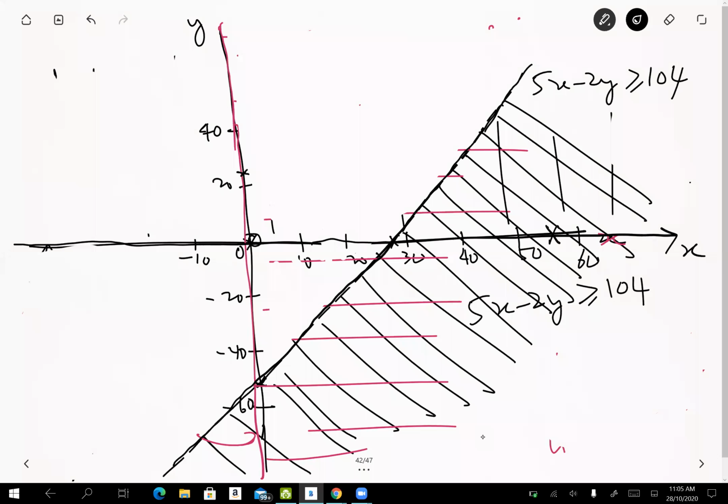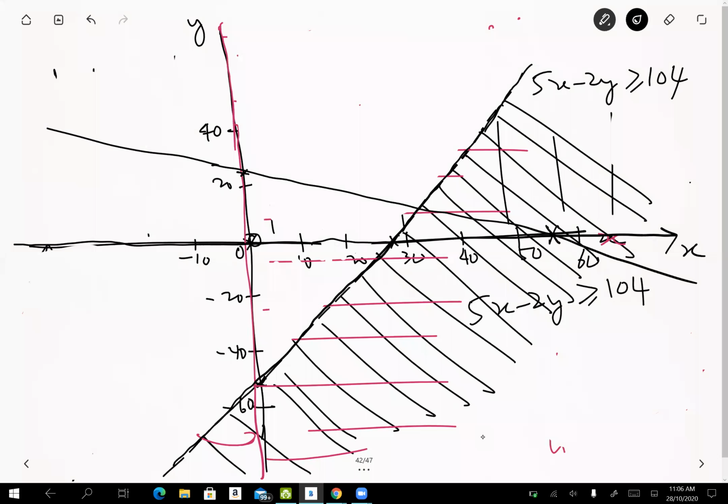So the line for our second inequality would be that line. So connect it nicely, all right? When you draw, make sure you draw with the proper interval.